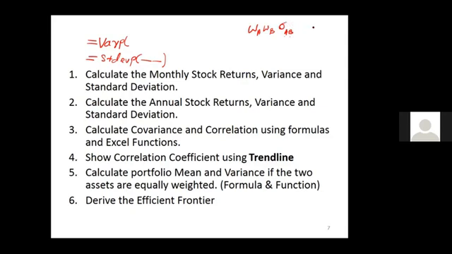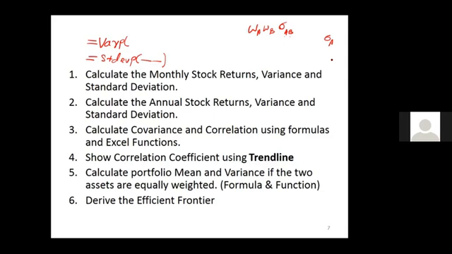If it mentions sigma A, it means the standard deviation of the return on stock A. If you mention two symbols here, it means between the two, which means the covariance value. Here with only one symbol, stock A, stock B, sigma A, sigma B, this symbol represents the standard deviation.